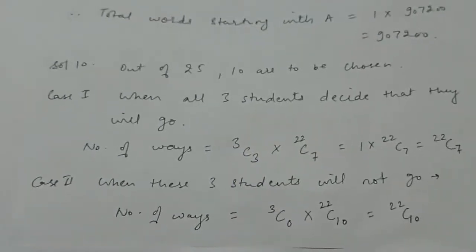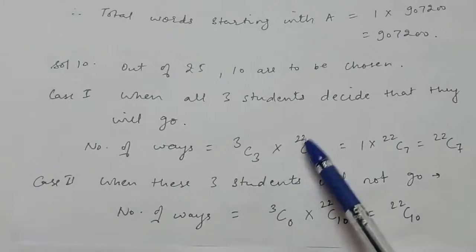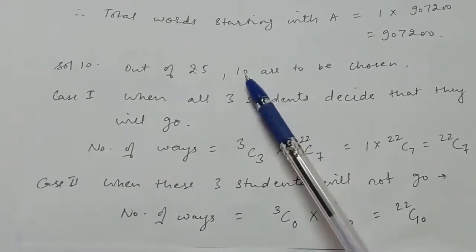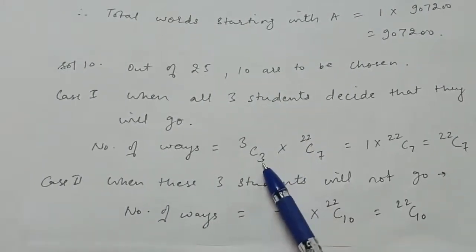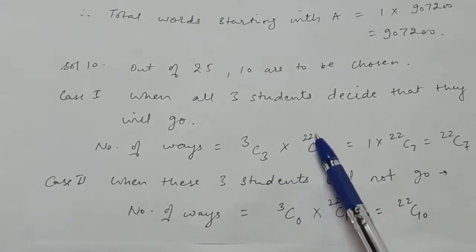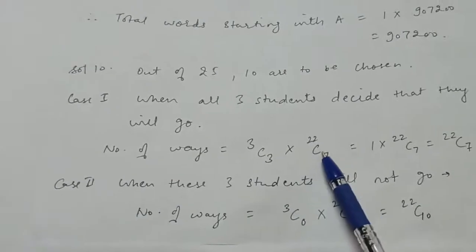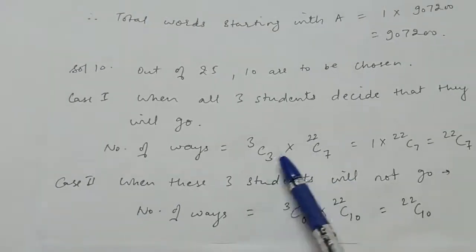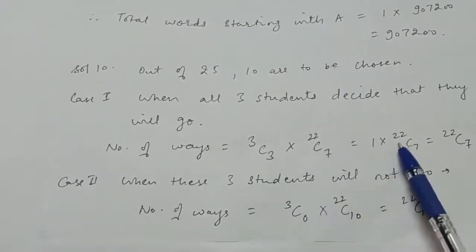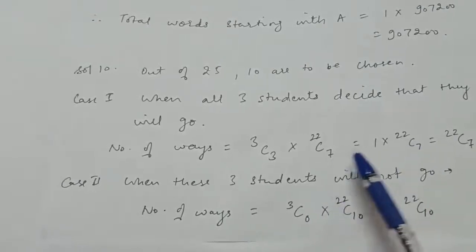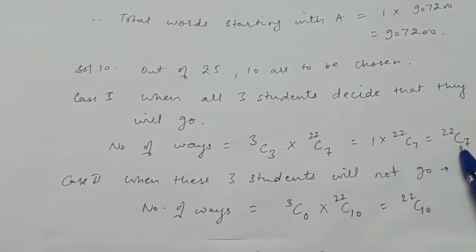So, the options now left are 22, right? And out of 10, 3 are selected, therefore 7 are left. So from the left 22 students, we will select 7, right? So this is 1 and this will be 22C7. We will not solve it, right? Leave it as it is.